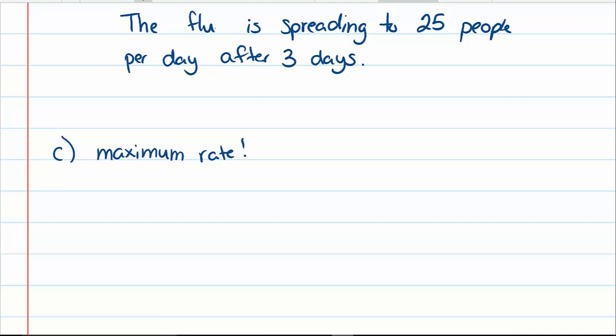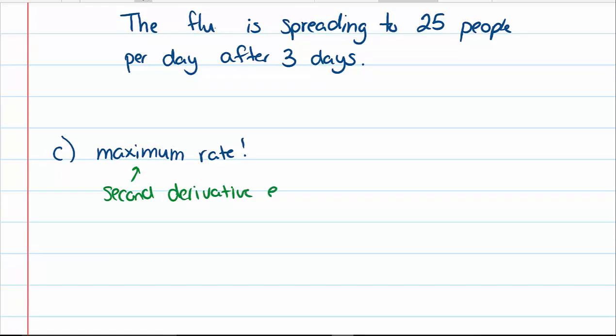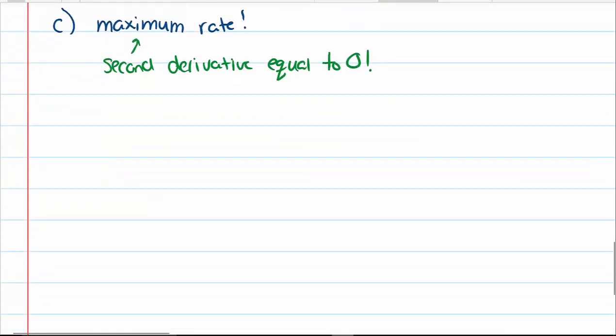So we want to set the second derivative equal to 0. Okay, again, we do this because we want to know when the velocity is a maximum.